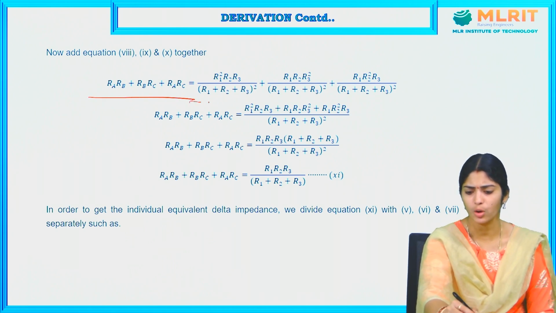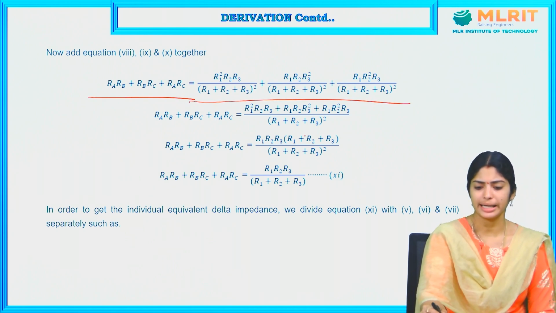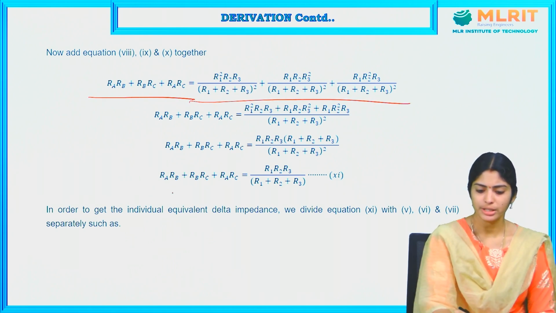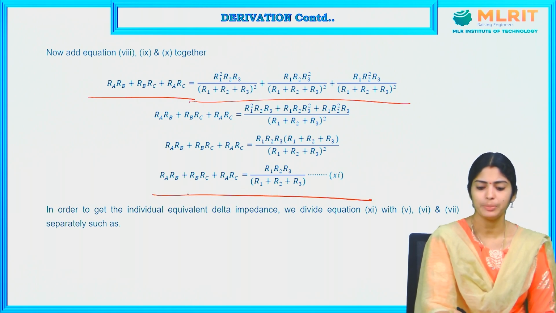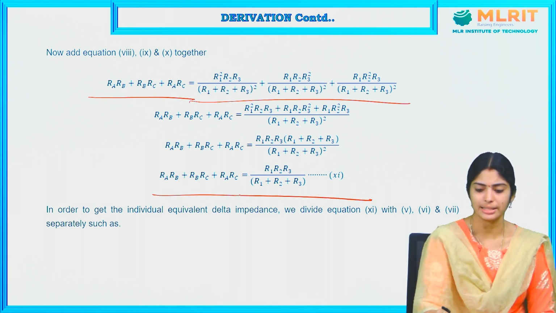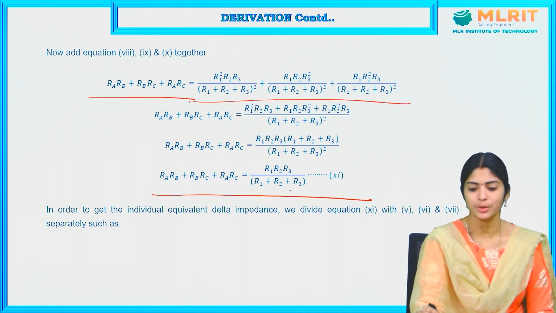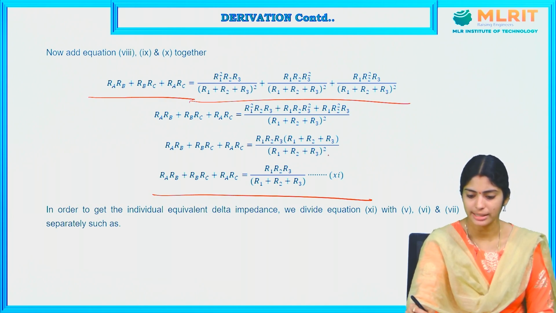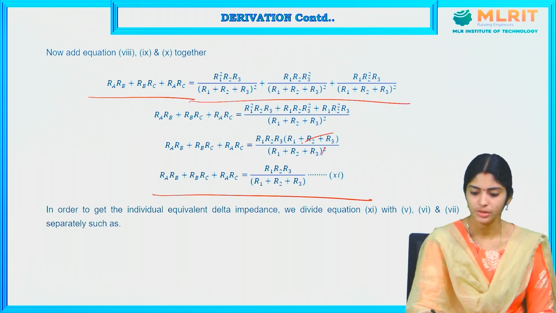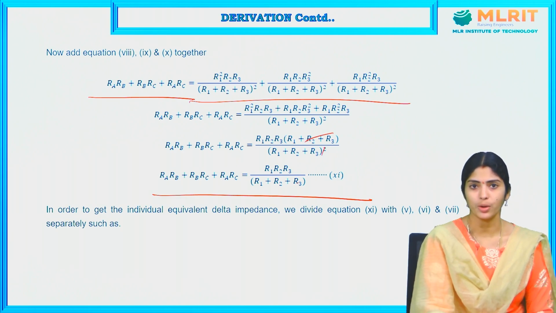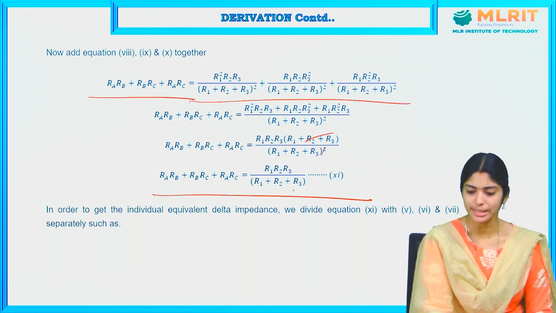I'm adding all these values and taking the LCM. If I sort this out, finally we get RARB plus RBRC plus RARC is equals to R1 R2 R3 by R1 plus R2 plus R3, because here it gets cancelled. So finally we get R1 R2 R3 by R1 plus R2 plus R3.